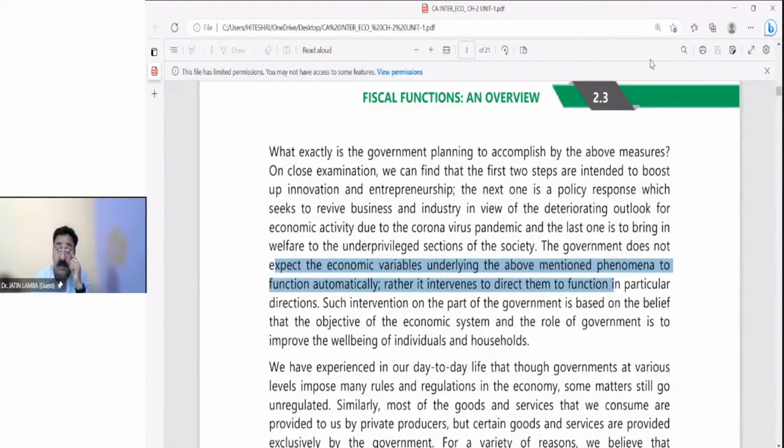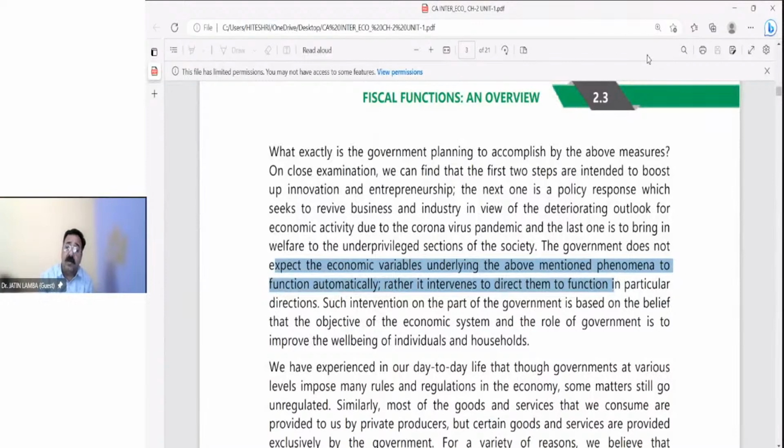So when the government started Make in India project, when the government started startup project, were these projects or actions taken all of a sudden? No, these actions were taken due to pre-planned, well-planned activities. So for these 2 points, the word proactive has been used. Is it clear, Pranam? Right?